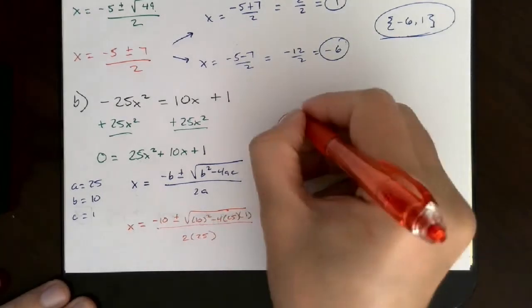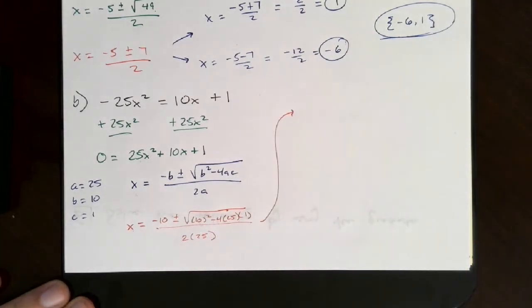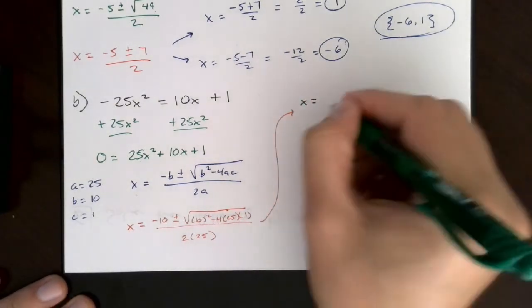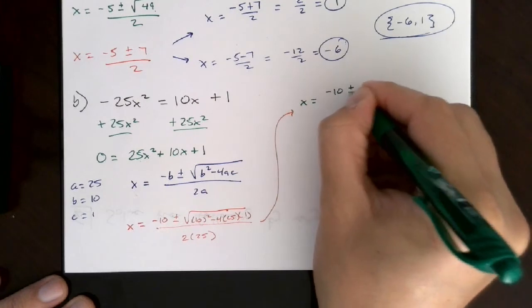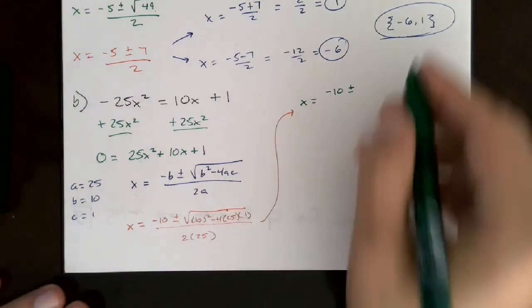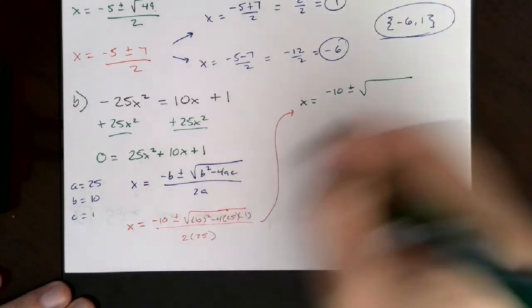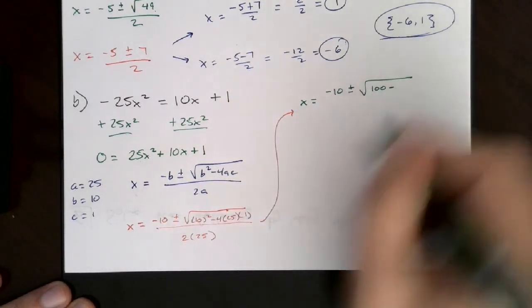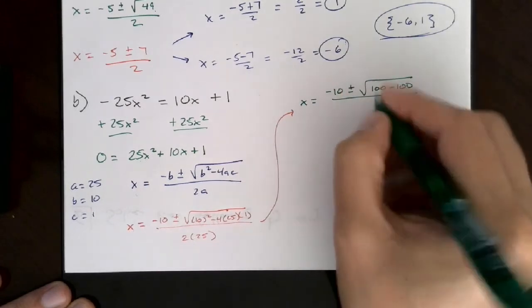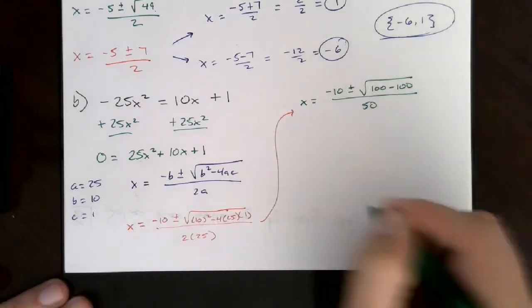So this gives us x equals negative 10 plus or minus, make sure you know what x equals, right? It's the x value solution. Negative 10 plus or minus the square root of 10 squared is 100, minus 4 times 25 times 1, well, it's minus 100. All over 2 times 25 is all over 50.